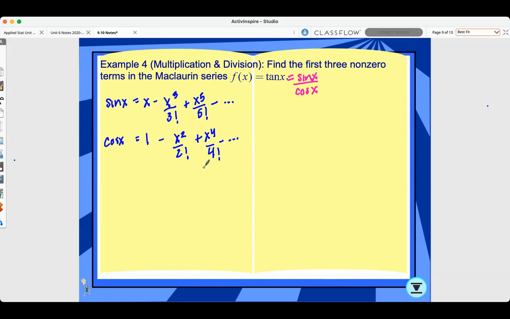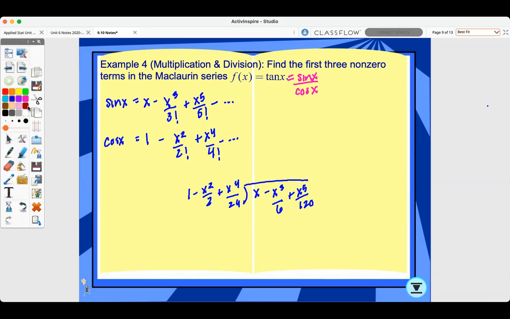So when I divide this, I'd have 1 minus x squared over 2 plus x to the 4th over 24. And then inside I'd have x minus x cubed over 6 plus x to the 5th over 120. So here, x divided by 1 is x.